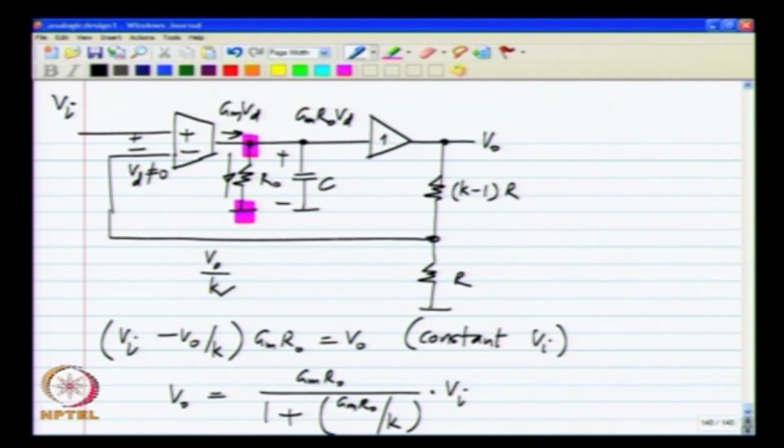And we can see that in the limiting case where Ro goes to infinity, this is k times Vi. It passes the sanity check, whatever case we had originally with the ideal voltage controlled current source, this satisfies that one, that corresponds to Ro equals infinity. So, when Ro is less than infinity, this number will be smaller than k.